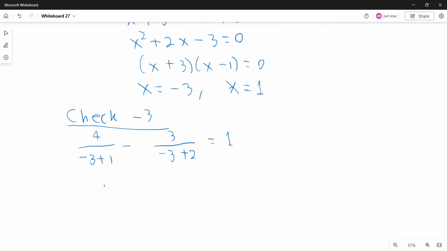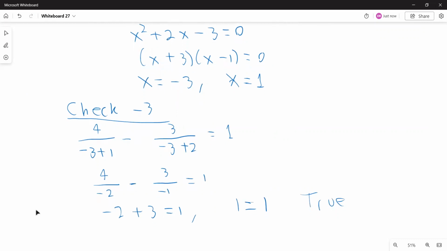So that's 4 over -2 minus 3 over -1, or -2 plus 3 equals 1. So 1 equals 1. This is true, and -3 is a solution.